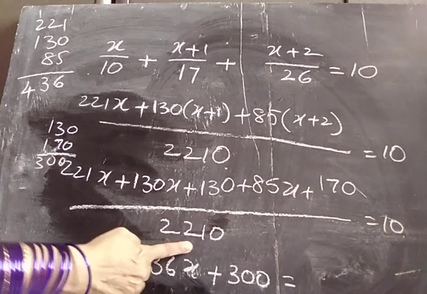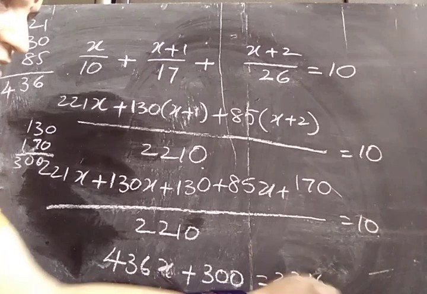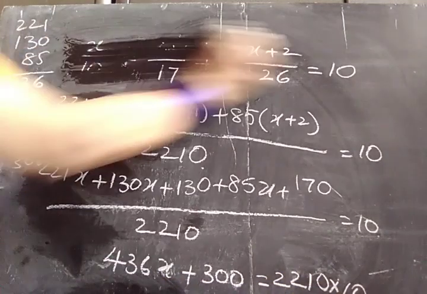This 2210 we have to transpose that side. 2210 into 10. Okay, we will get like that.